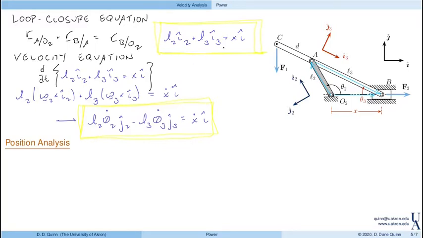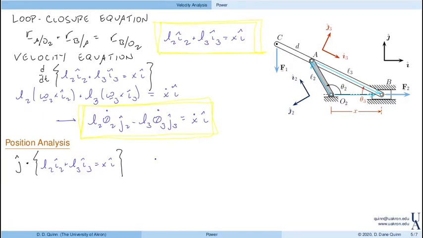So here, again, loop closure equation: L2 I2 plus L3 I3 equals x in the I direction. I just want to solve for theta 3. So I'm going to eliminate the other unknown, which here is x, by dotting this entire equation with j, because j dot I is equal to 0.